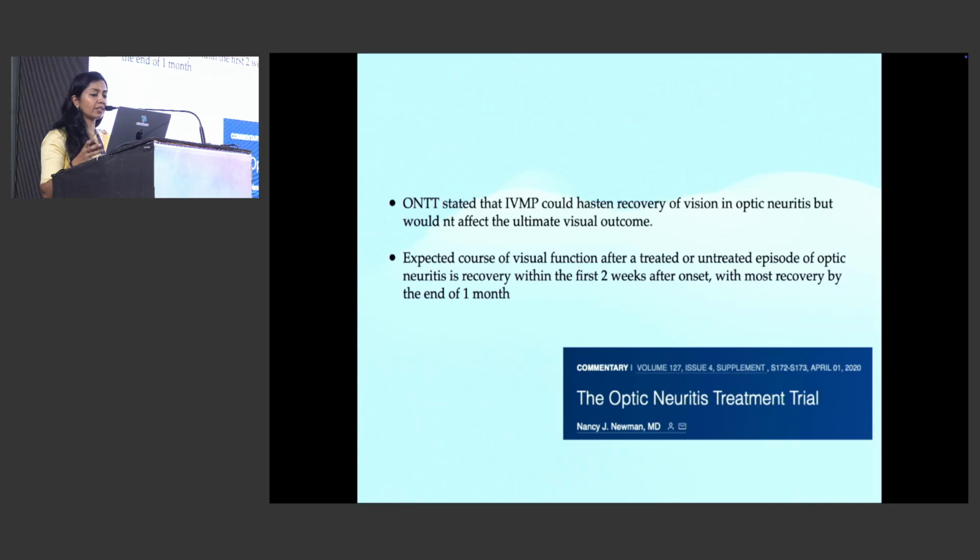It concluded that the visual function after treated or untreated optic neuritis is the same, but recovery could be hastened with IVMP. But we should note that these patients were all Caucasians, and the clinical profile and outcome of patients in our population is a little different from that of the West.